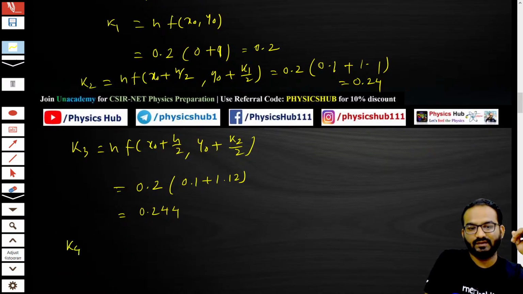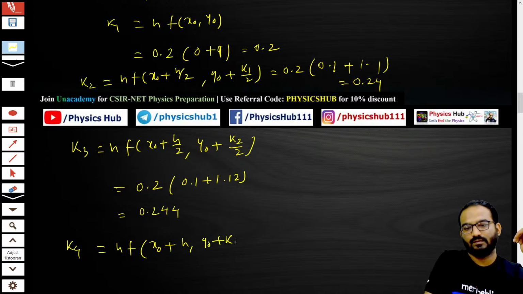And another term is left, K4, h times f of x naught plus h. Here it will not be h by 2, it will only be h, x naught plus h, y naught plus K3. So this will become 0.2 times 1.244. So this will become 0.288.